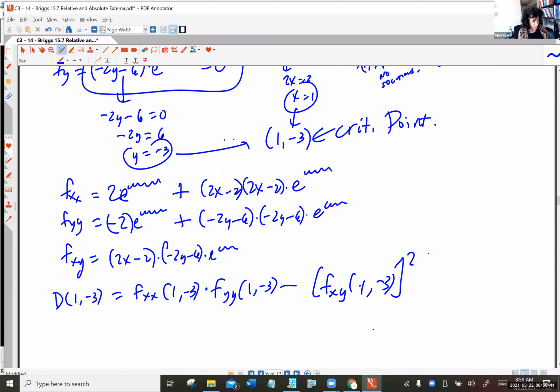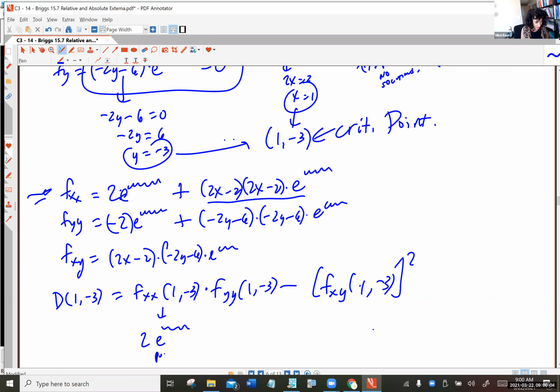Now let's just think this through. Look at fxx. If you plug in the point (1, negative 3), do you see that this second term, when you plug in a 1, 2x minus 2 goes to 0? So all you have left is the exponential. You have 2 times e to the blah, blah, blah, whatever those numbers are when you plug in 1 and negative 3.